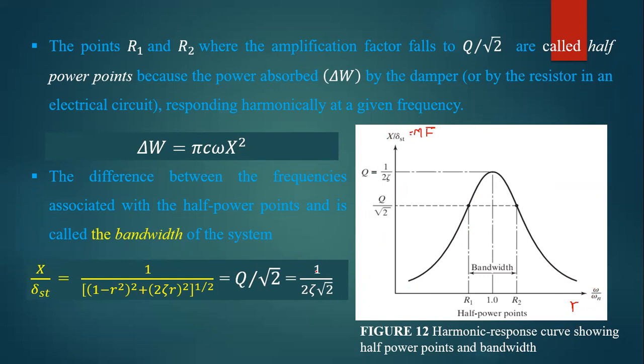Let's consider two points R1 and R2. Here there are R1 and R2. We have drawn a line from Q, where the magnification factor is equal to Q over radical 2.